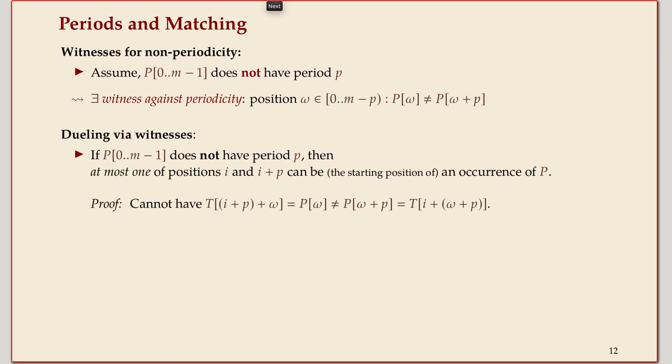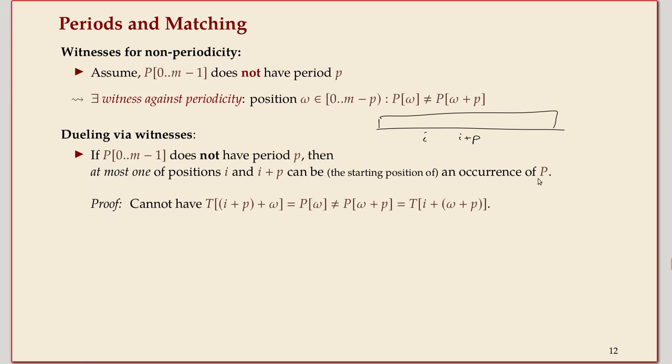The next observation is if you have this situation, you have a non-period and you have a witness against periodicity. Now, if I also have a text, maybe again a picture for that, I have a position i in the text and the position i plus p. So our P, the non-period.